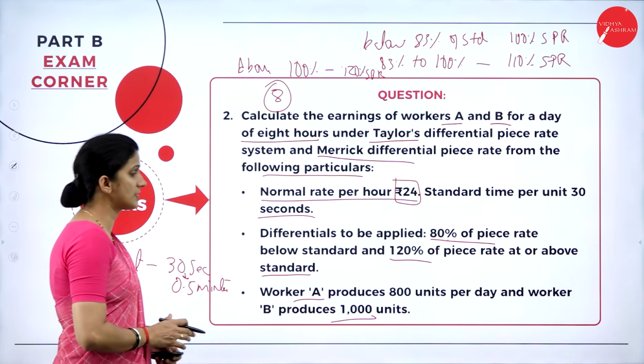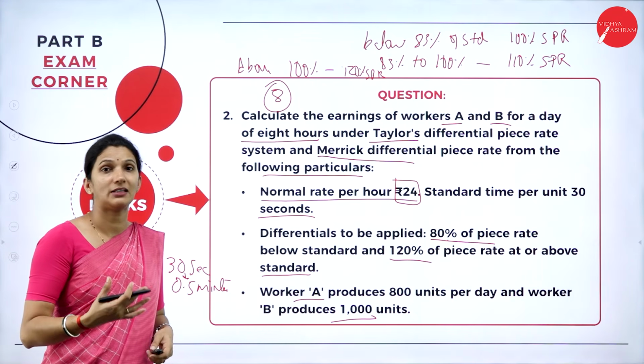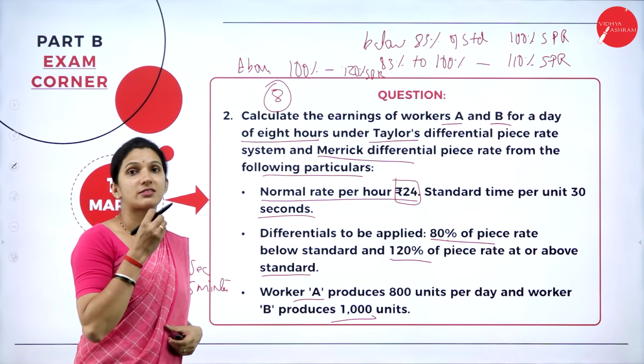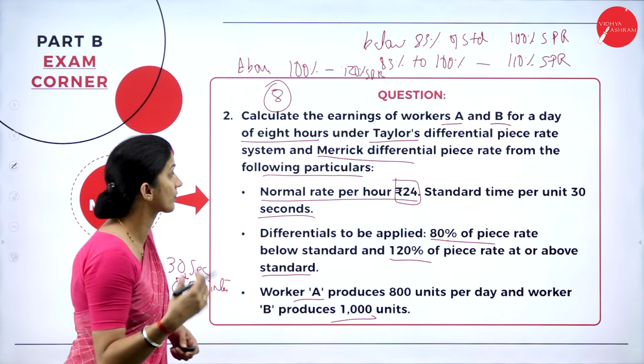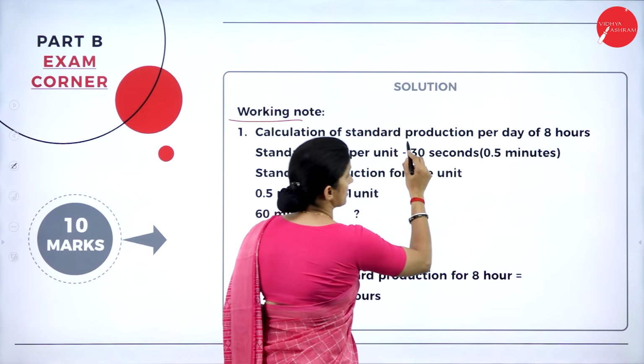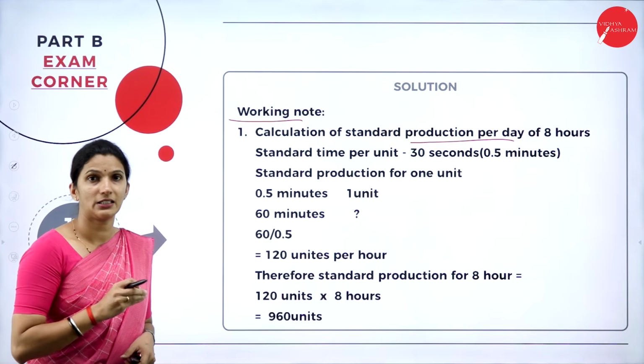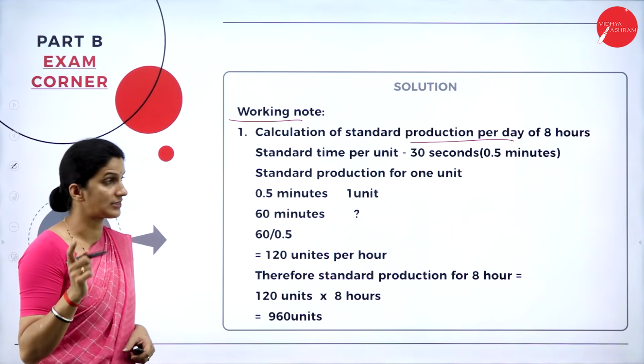Before we go for calculating the total earnings, we need to calculate the standard piece rate. See the working note. First, calculate the standard production per day of 8 hours. Here it is clearly given that we are calculating the earnings for 8 hours.